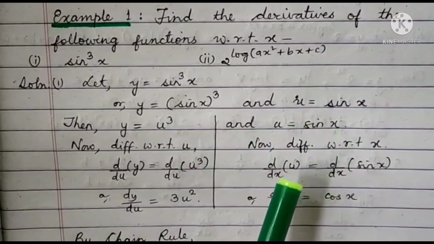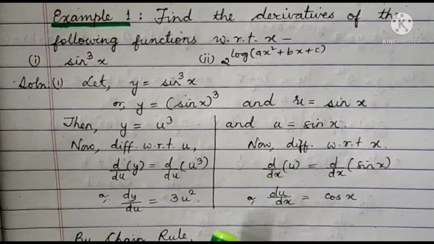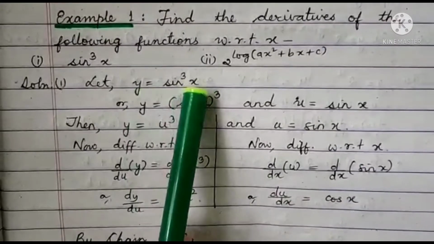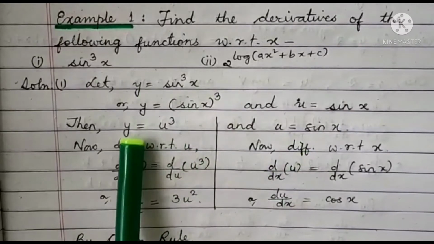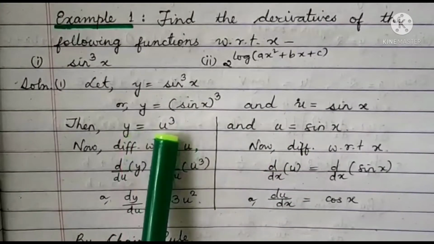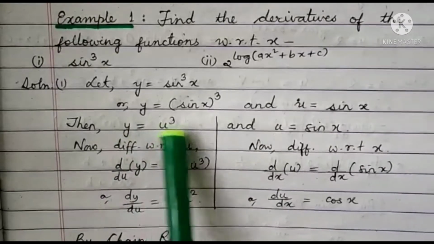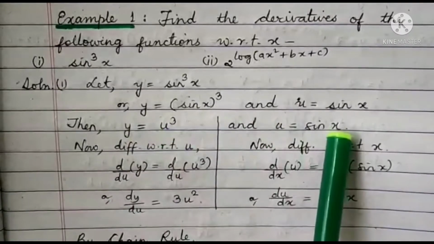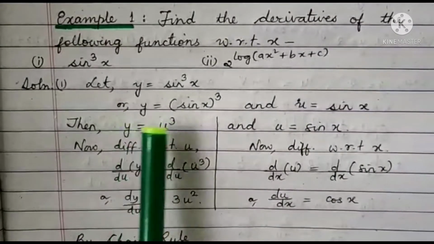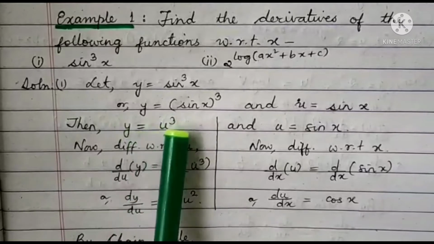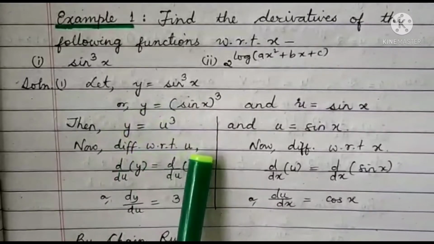Now your task is to find dy by dx. Always remember your derivative is calculated as dy by dx. So how will you find dy by dx? According to the chain rule, you need dy by du and du by dx. So first find dy by du. It is nothing but differentiating the given function with respect to u.